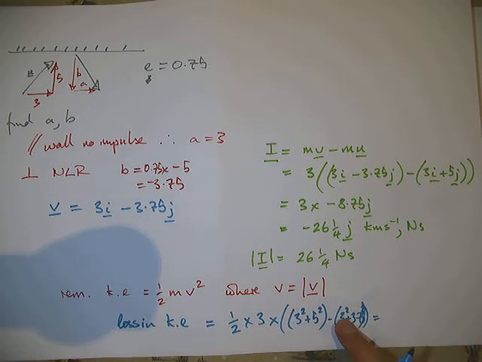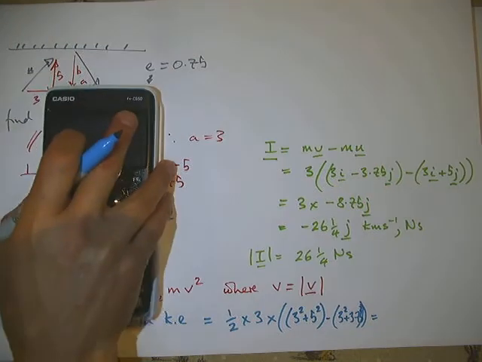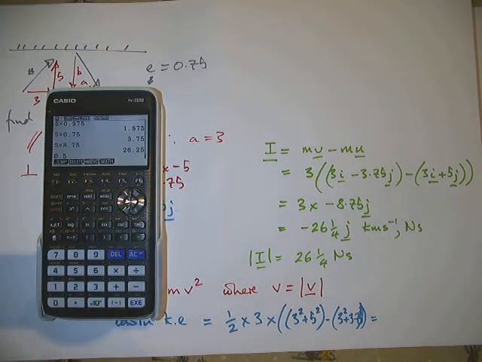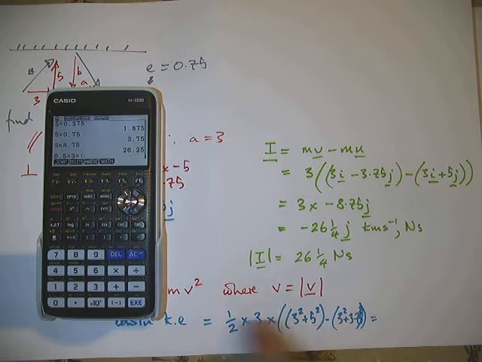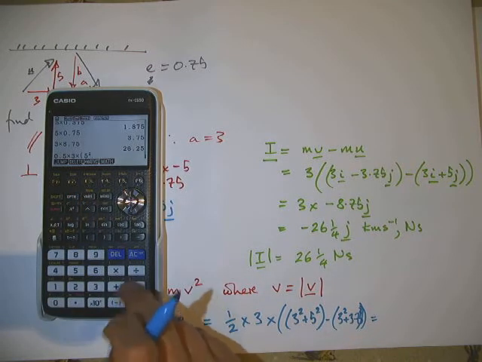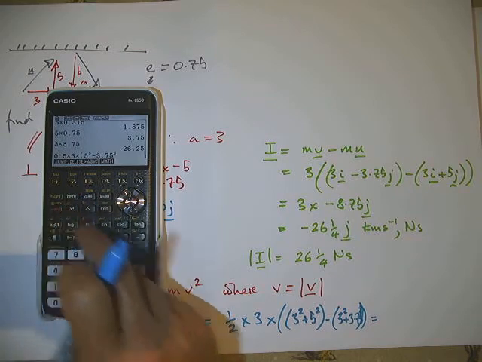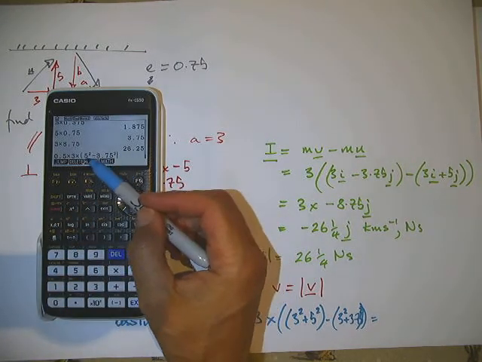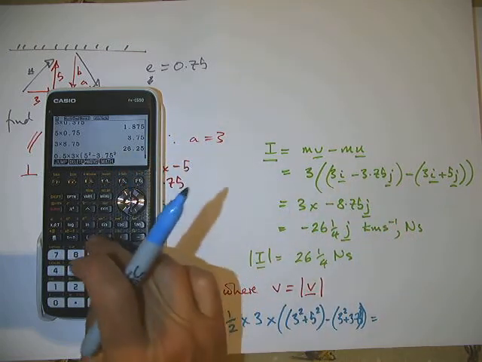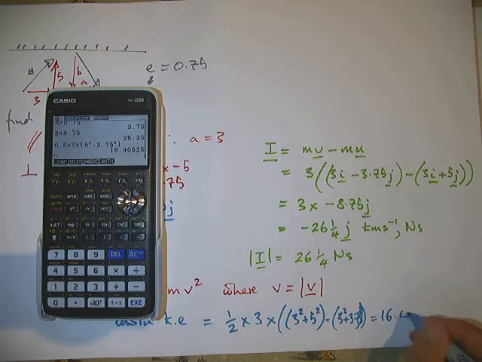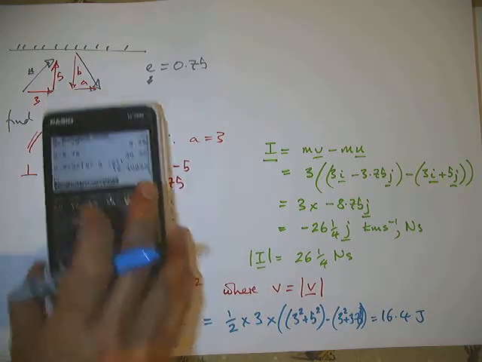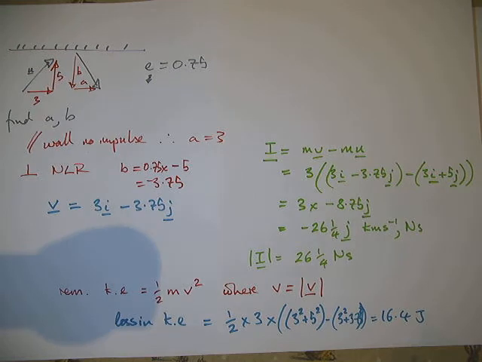Now in this case the 3 squares are going to cancel, so we're going to end up with 0.5 multiplied by the 3 multiplied by 5 squared take 3.75 squared. And if I find any of you suggesting you can do 5 take 3.75 then square it, you need shooting. 16.4 joules.